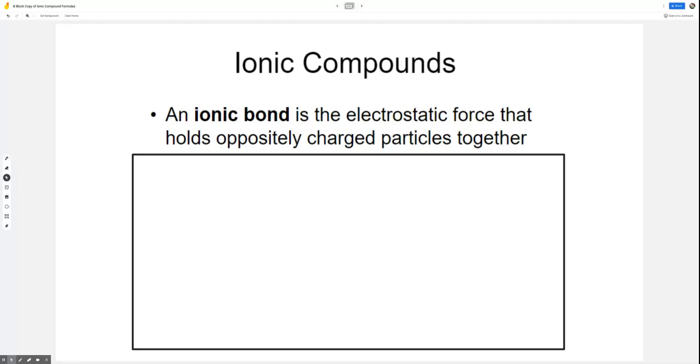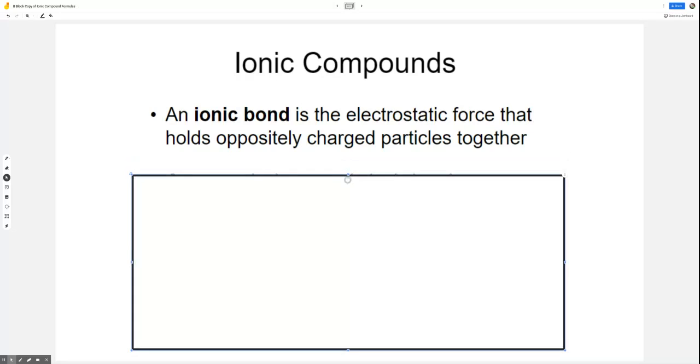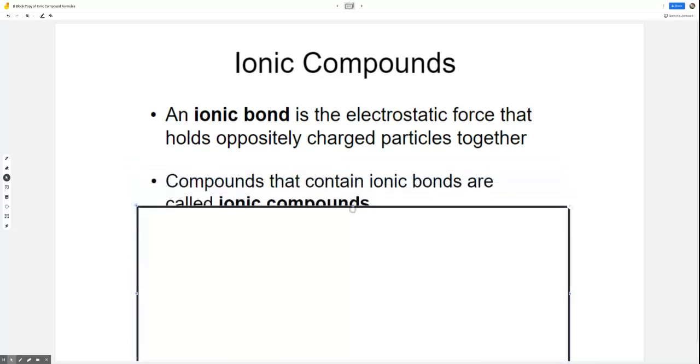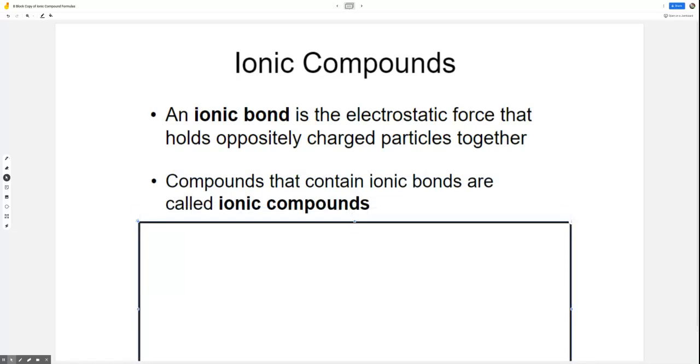And not too surprisingly, and not terribly creatively, the term for that type of compound made up of ionic bonds is an ionic compound. That's what we're talking about. There are other compounds that are called covalent, but today and for the next several days, we'll be talking about different types of ionic compounds made up of ions that are held together by these bonds called ionic bonds.